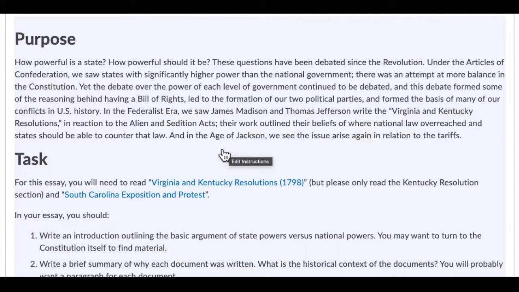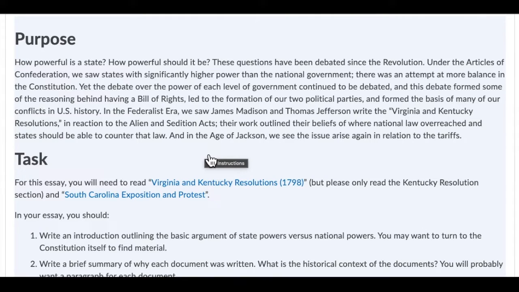In the Federalist era, that is the 1790s, we saw James Madison and Thomas Jefferson write the Virginia and Kentucky resolutions, respectively, in reaction to the Alien and Sedition Acts. Their work outlined their beliefs of where national law overreached and states should be able to counter that law. And in the age of Jackson, we see the issue arise again in relation to the tariffs.